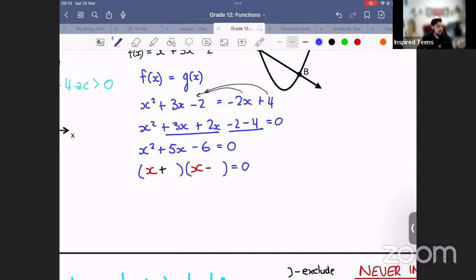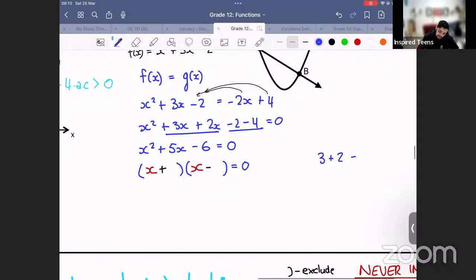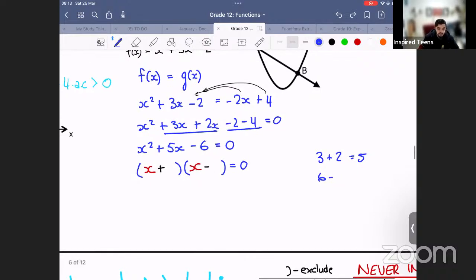When I add or subtract these factors, I need to get 5. If I consider the factors of 6, 3 and 2, yes, I could add these two and get 5. But one bracket is plus and one bracket is minus, so I cannot use 3 and 2. So I have to use 6 and 1, not 6 plus 1, because that gives me 7, but 6 minus 1 gives me 5.